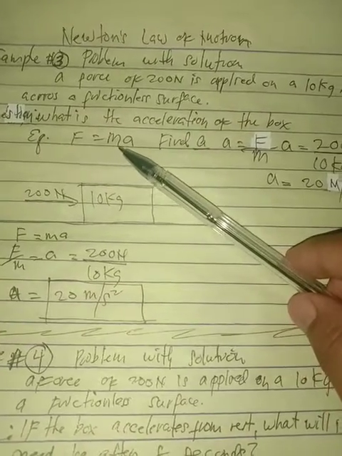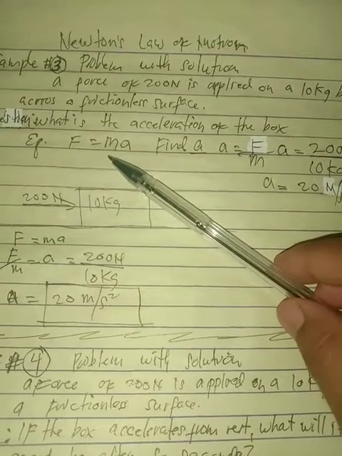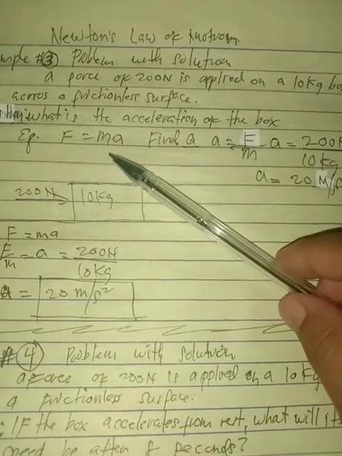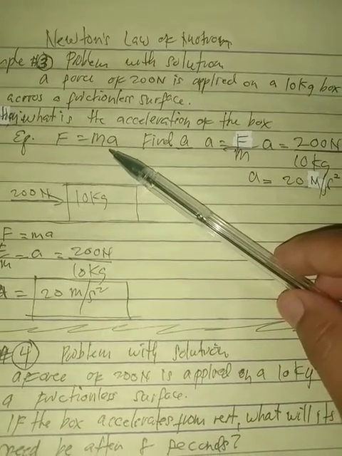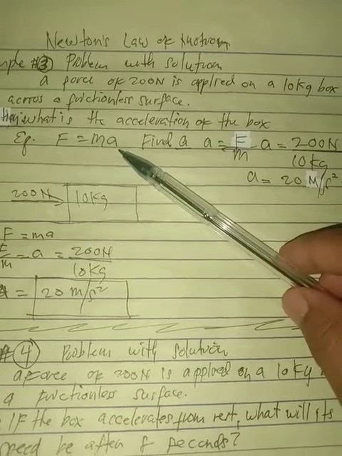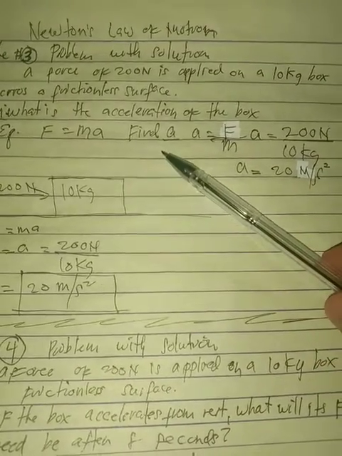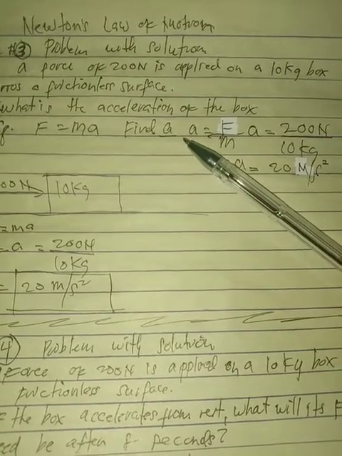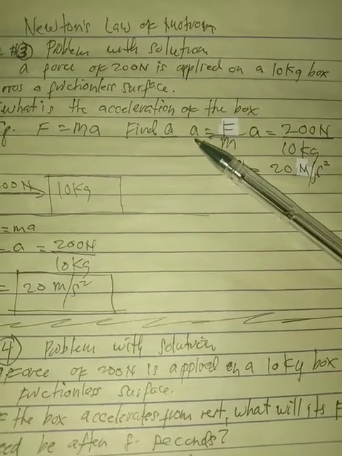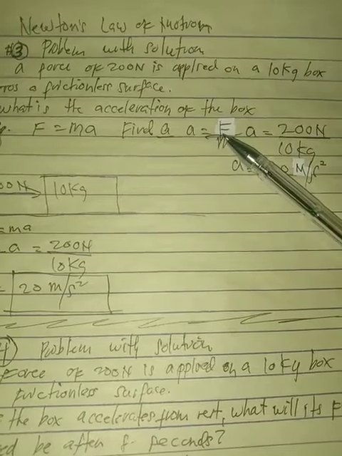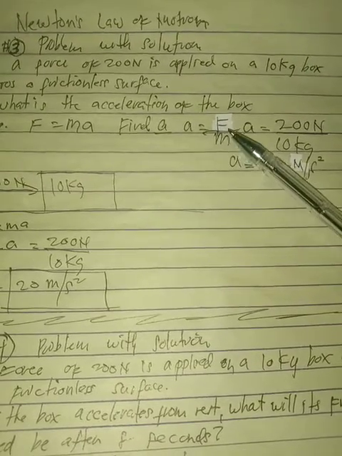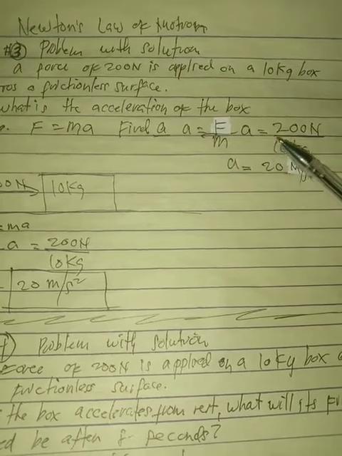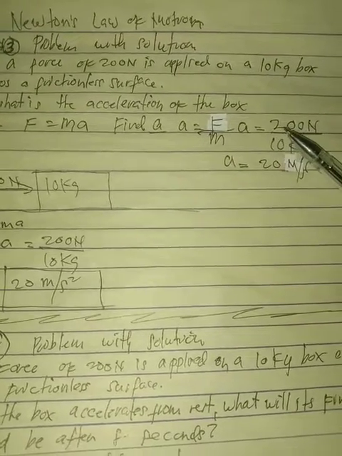F equals m a, where m is the mass in kg and a is the acceleration. So find acceleration. Acceleration is equal to F over m, force divided by mass.